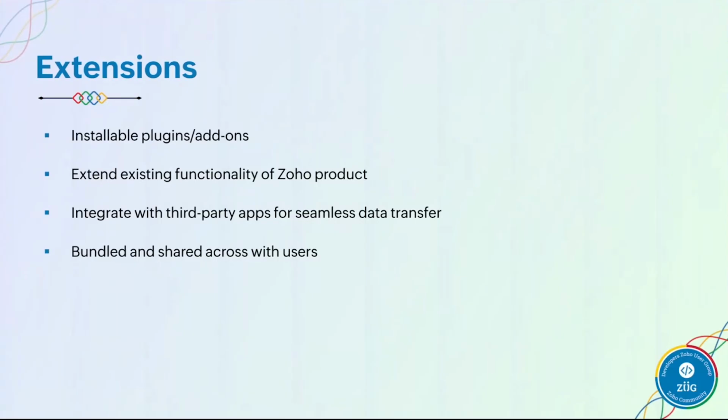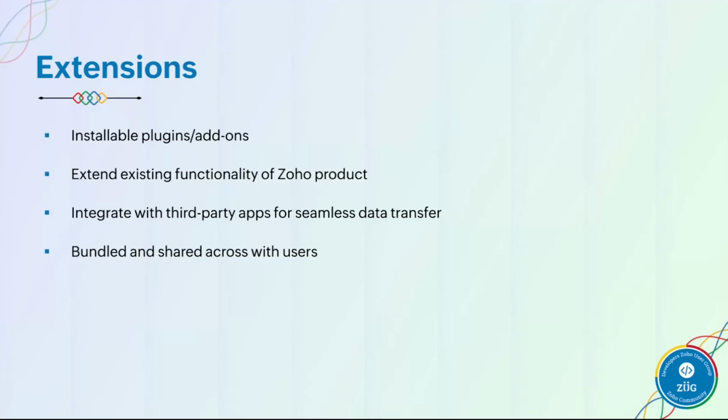So extensions are nothing but installable plugins or add-ons that help you to enhance the existing functionality of your Zoho product. So say if your business has a requirement to enhance the feature of a Zoho product by either extending the native feature of the product itself or by integrating it with a third-party application, then in that case, extensions would be your ideal solution.